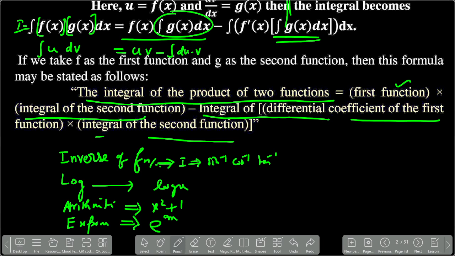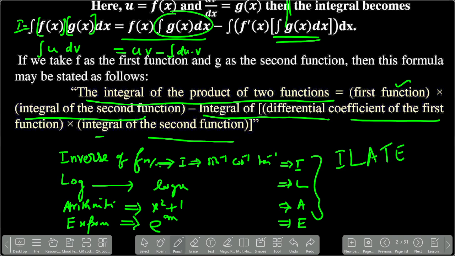This kind we are going to use: here I, here L, here A, here E. Listen, students, these letters we are going to apply in order. It is easy to apply. Look at the existing functions in the given integration.